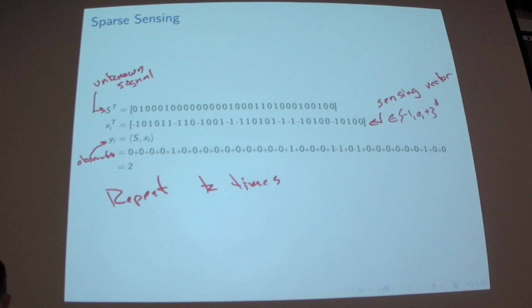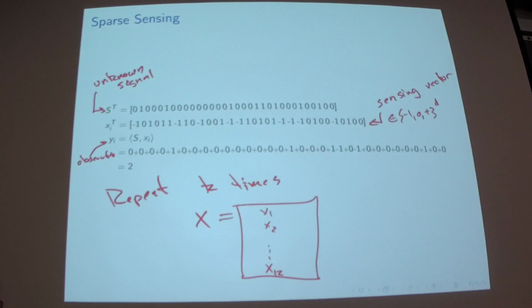Okay, so I'm going to repeat this k times. Basically I'm going to get x, which is each of these sensing signals, so this is going to be x1, x2, up to xk.